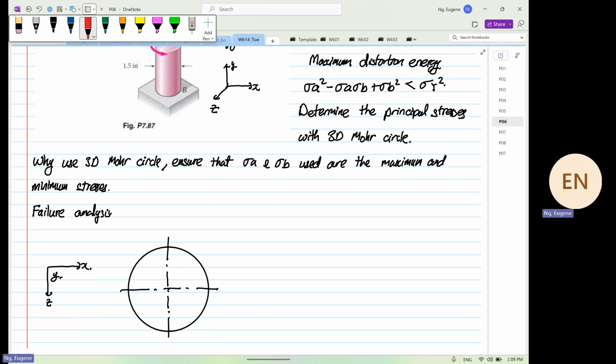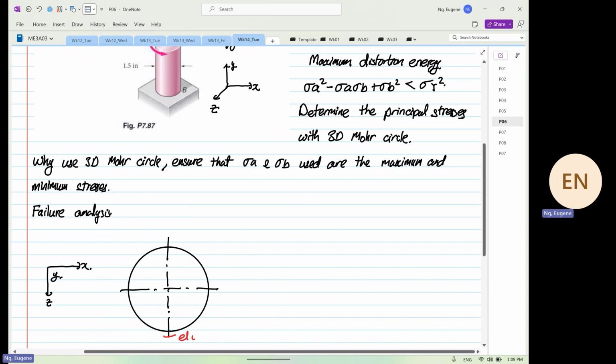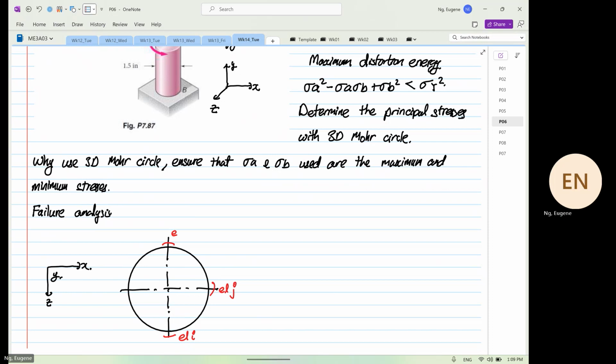So this is our element I, element J, element K, and element L.